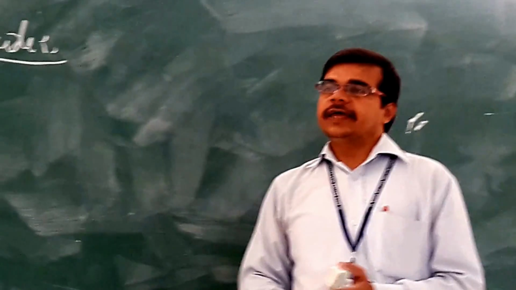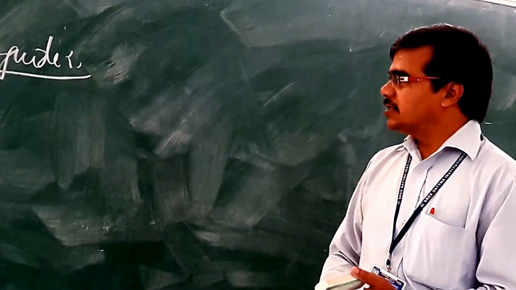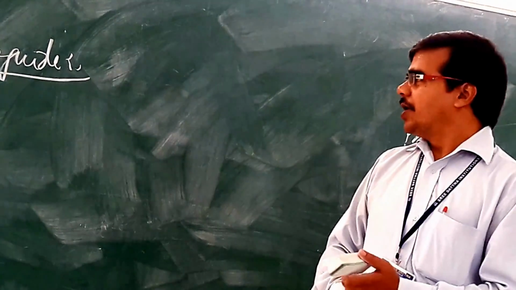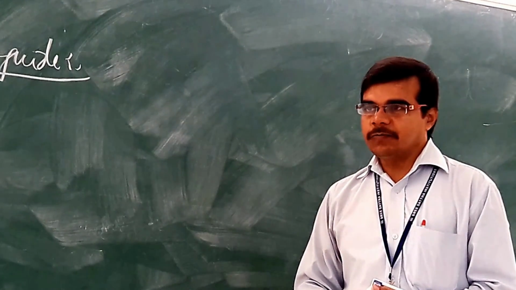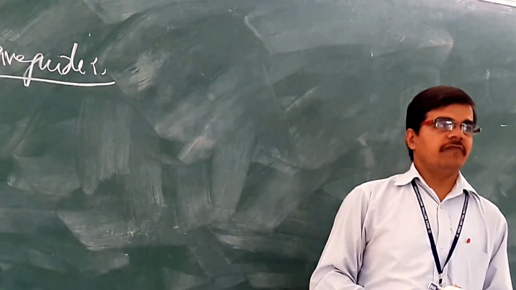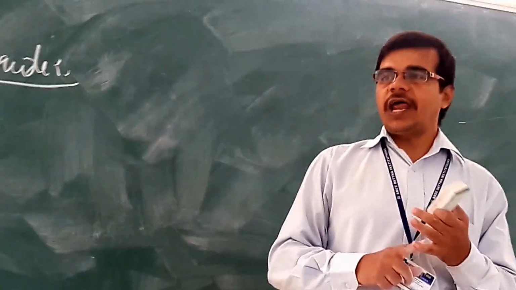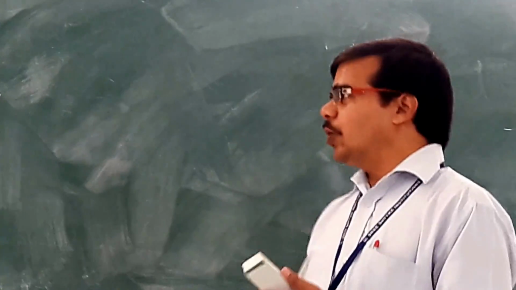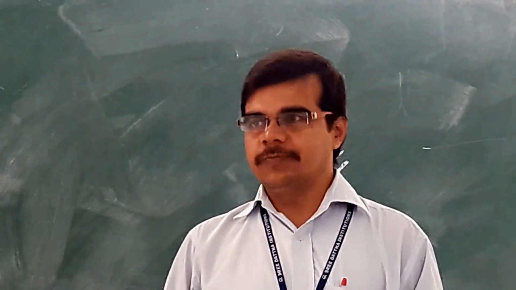Transverse electromagnetic mode in a waveguide. This is an important question. Why is it not possible to have a transverse electromagnetic mode in a waveguide? In a waveguide we have transverse electric and transverse magnetic modes, but we don't have a transverse electromagnetic mode.